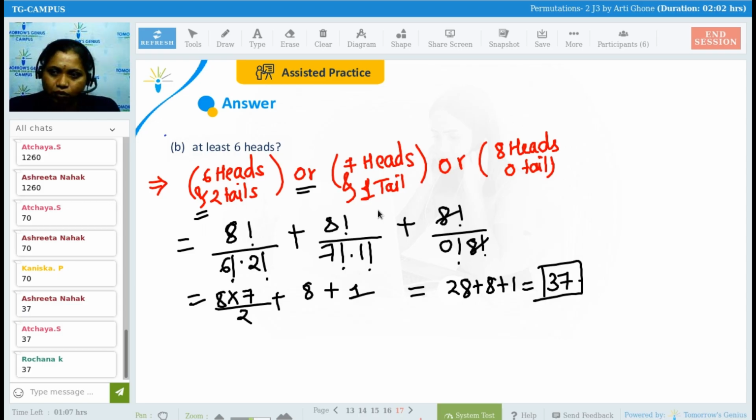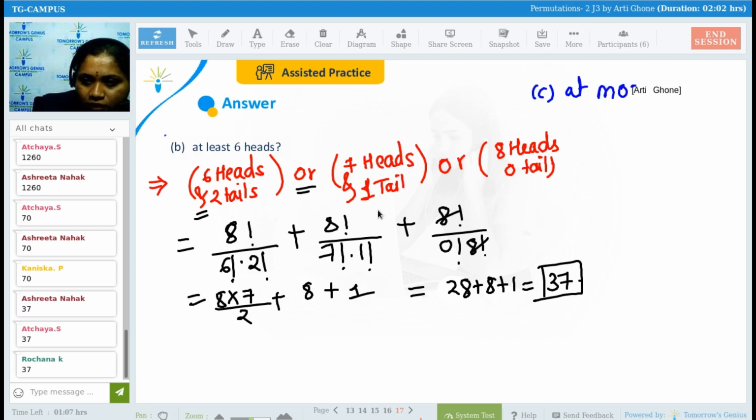Yes or no? Okay. Now my question for all is, what if I ask you to solve this one: at most 6 heads, what will be the case?